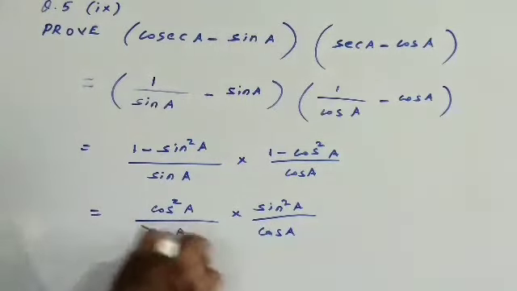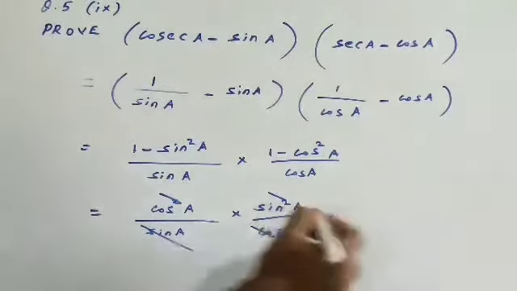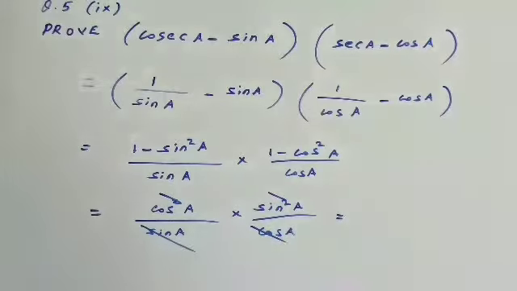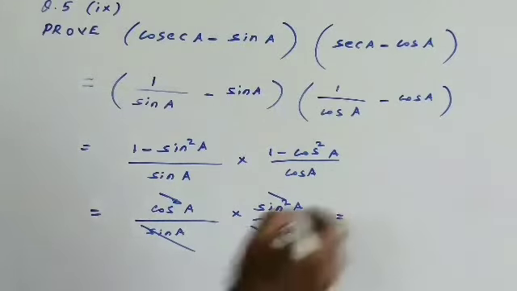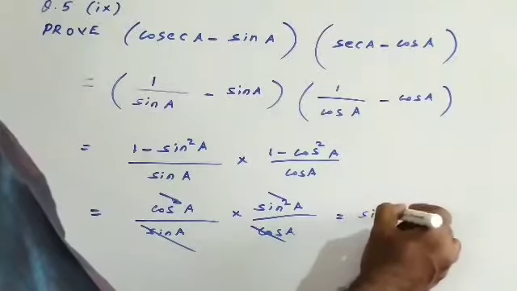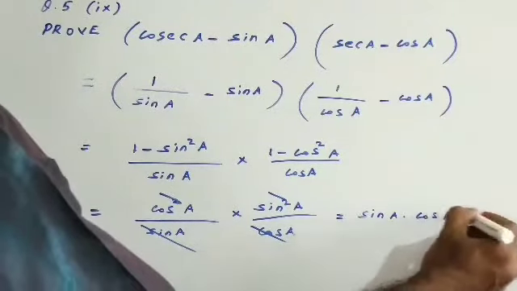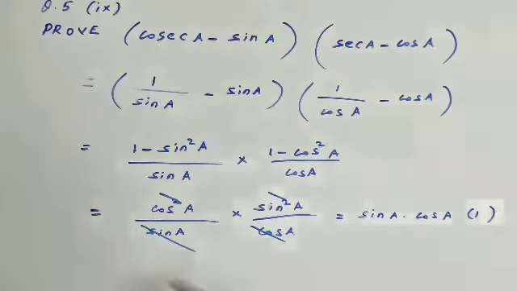Now you can cancel sin A and sin square A, cos A and cos square A. The remaining terms are cos A into sin A. So we can write cos A into sin A or sin A into cos A. Consider this is the first equation.